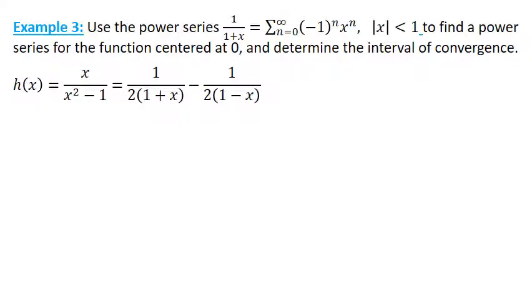Okay, here is the last example, and it says use this power series here with the absolute value of x less than 1 to find a power series for this function. It's centered at 0, and determine the interval of convergence.